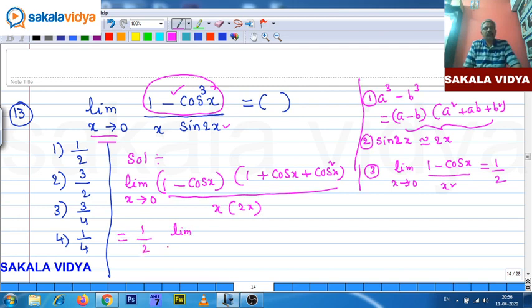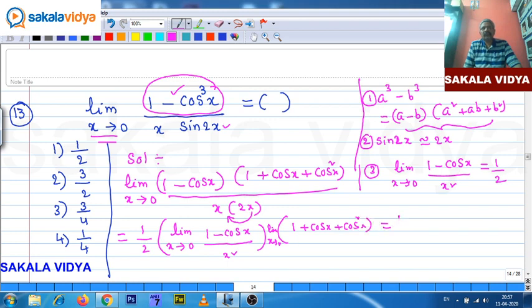Limit x approaches to 0, this x into x is x square, (1 minus cos x) by x square, into limit x approaches to 0, 1 plus cos x plus cos square x.